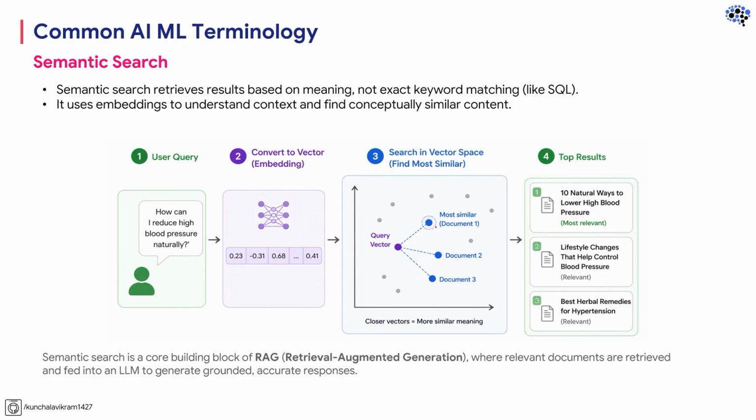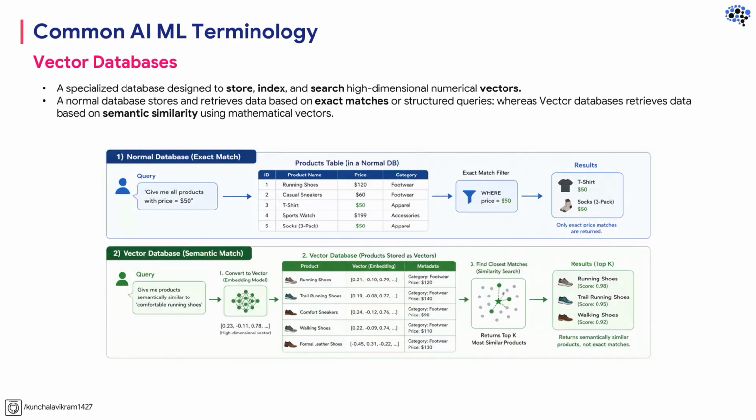Once I find the information, these become the results. This vector has information about ways to reduce blood pressure, this document is talking about lifestyle changes, and this document is talking about herbal remedies. All these vectors are very, very close to my query. Vector databases.